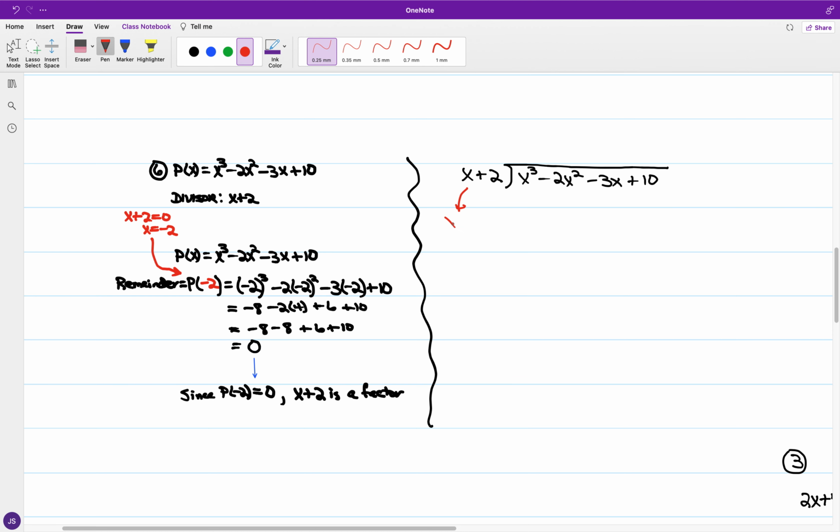If I translate what I have in the long division setup along the lines of synthetic division, I got negative 2, again with the coefficients of the dividend, so we'll have 1, negative 2, negative 3, and positive 10.